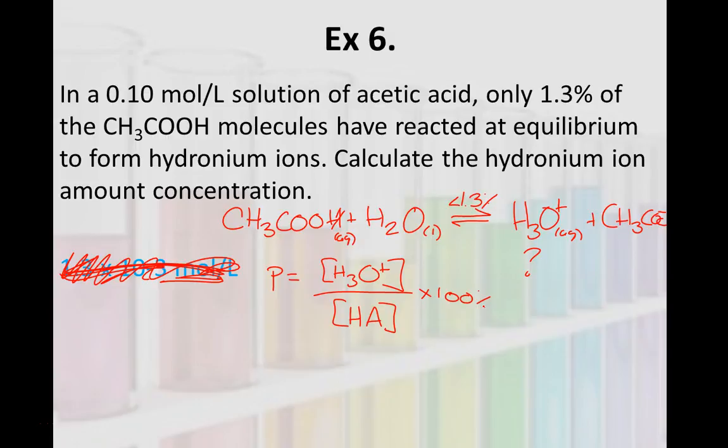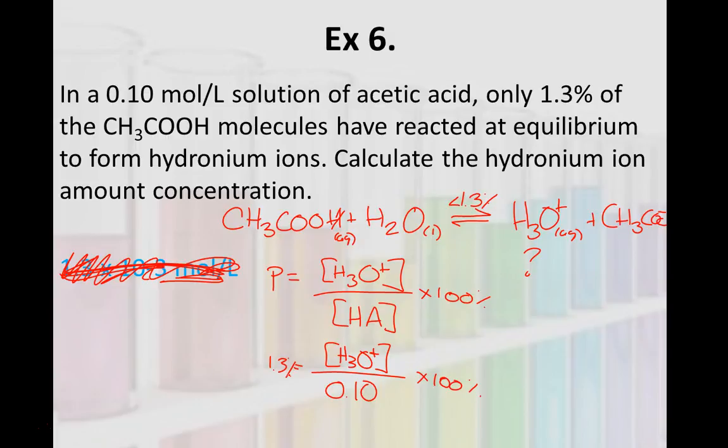So then I just need to take the information from the question and put it into there. I know I have a 0.1 mole per liter solution of acetic acid. That is the original concentration. I'm looking for the concentration of hydronium. And the percent ionization of this reaction is 1.3%.